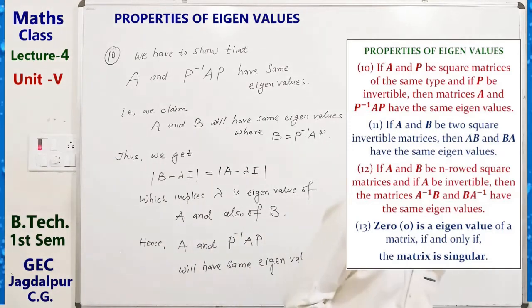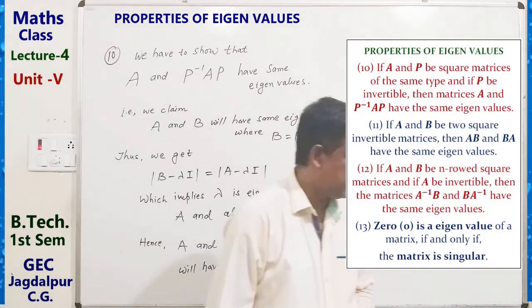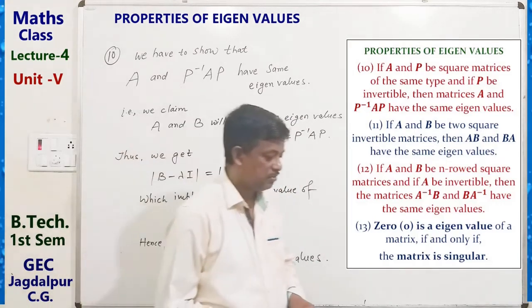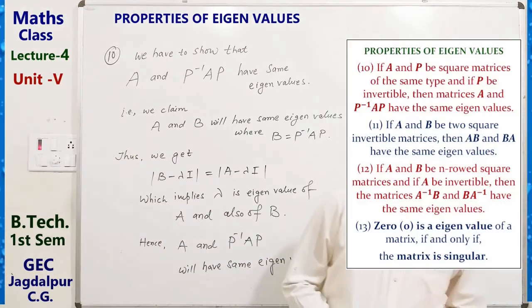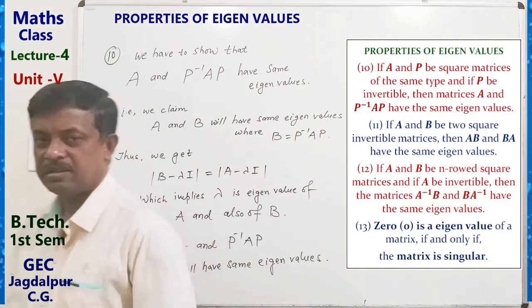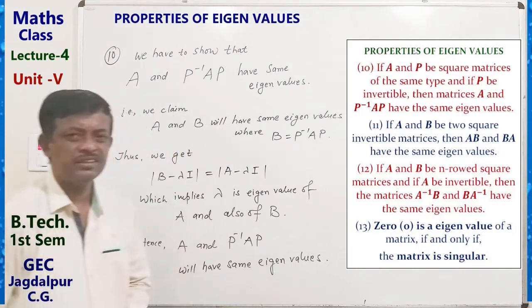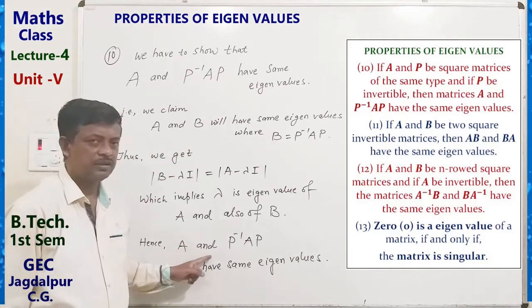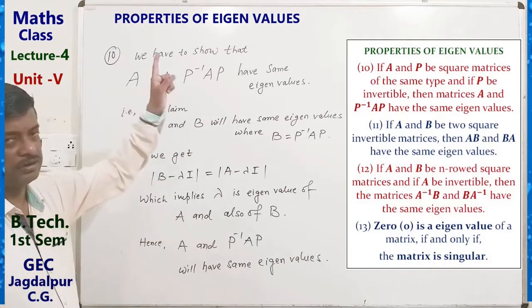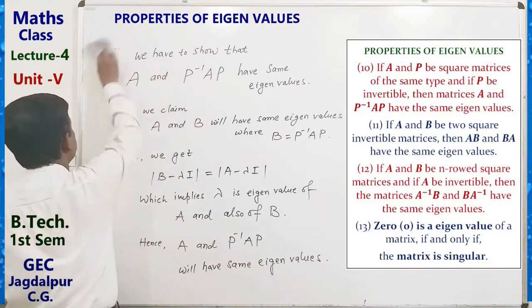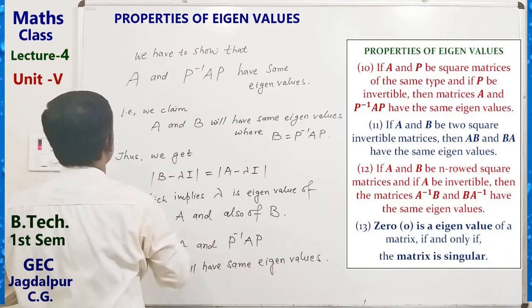Now 11. If A, B are two invertible matrices, then AB and BA have the same eigenvalues. So it is also very easy by using this property. This is a very important property. So we can use this.